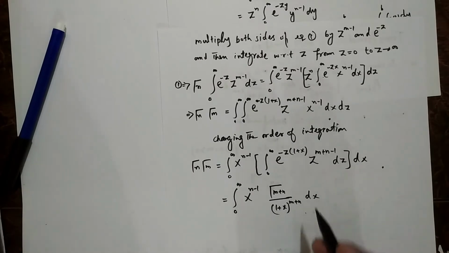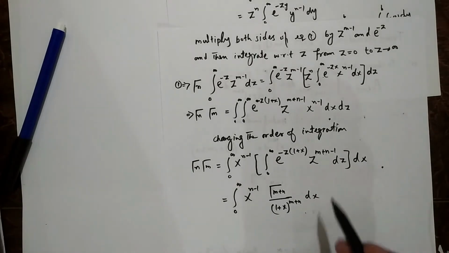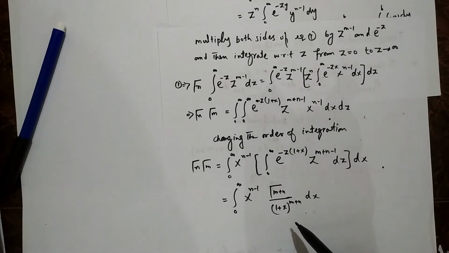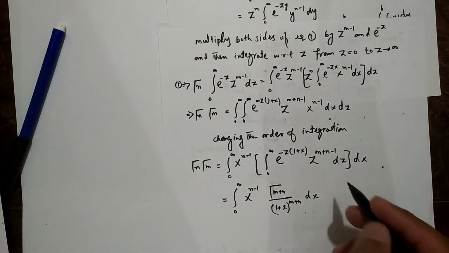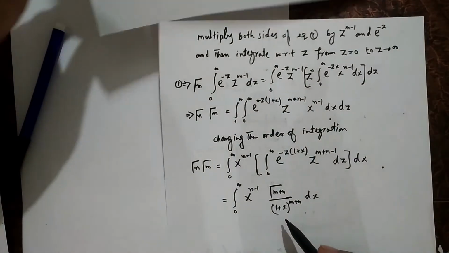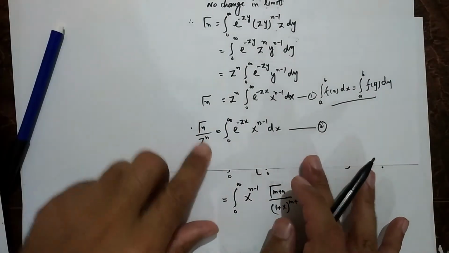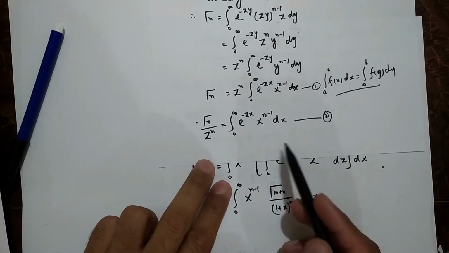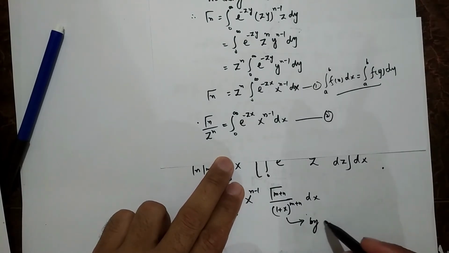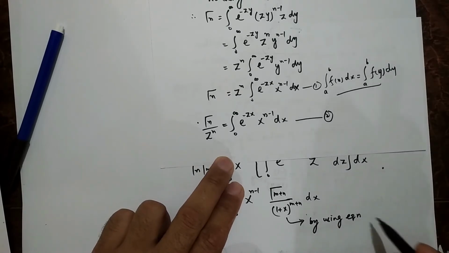If you students remember, during the gamma function lecture we had properties of the gamma function. This term here is actually a resemblance of equation number 2. This term came by using equation number 2.